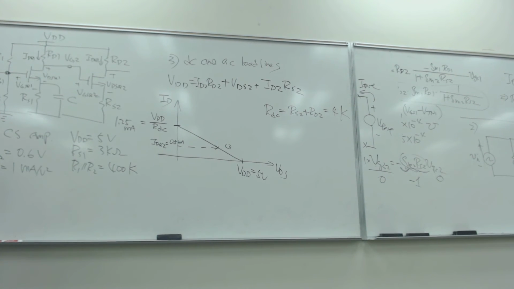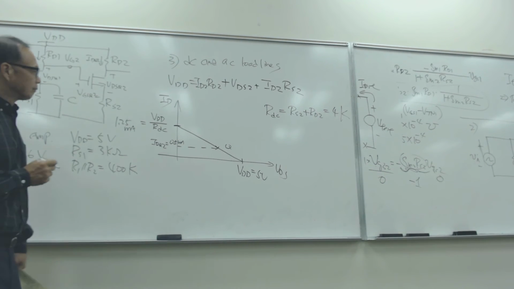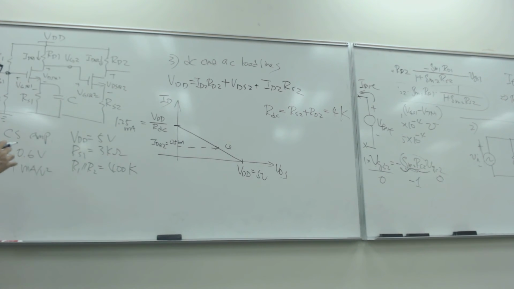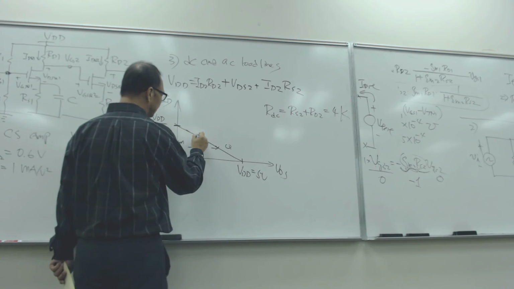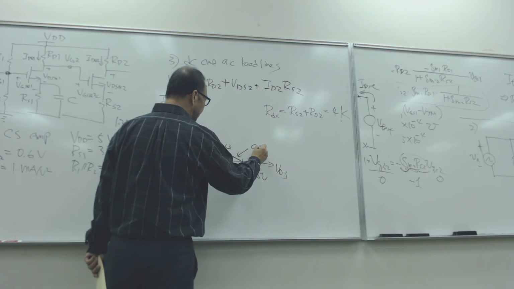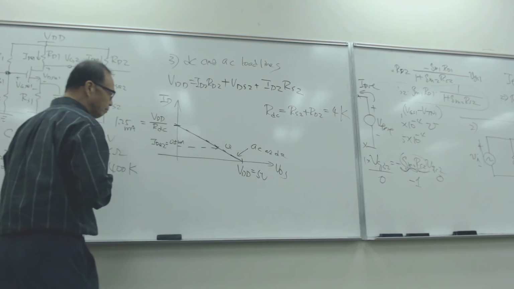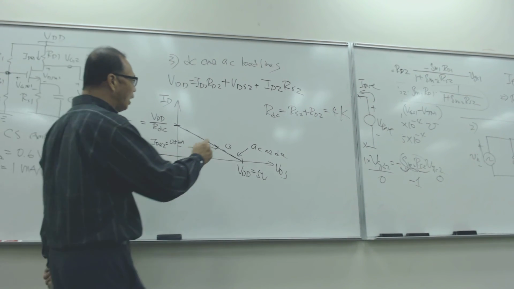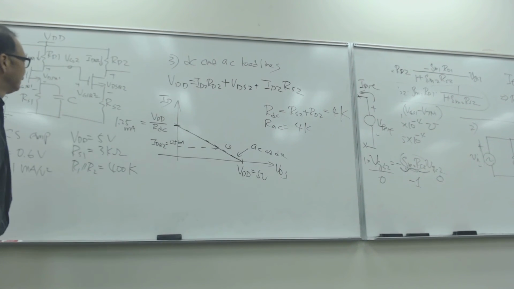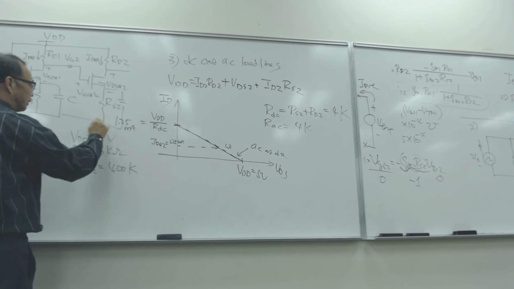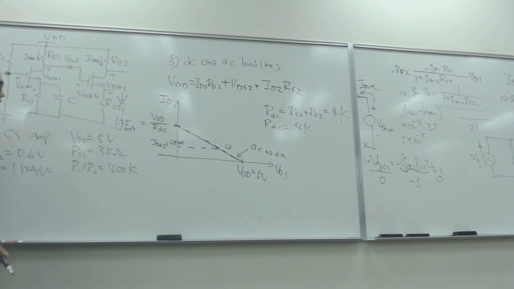Because we always focus on the output of the circuit. All right. Now, what is the AC line? Well, it should be no difference, right? So it should be no difference right here. So this is the AC and the DC line. Okay. The same. So RAC also is 4K. Now, if I have a capacitor here, that's a different story, correct? Okay, we don't have that, right?